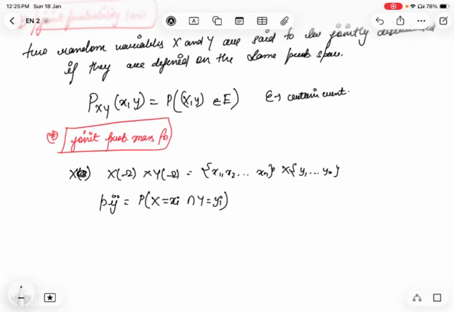That's why we have to take the intersection. Intersection means that both have the common probability space, and you can write it like this: xi, yj.